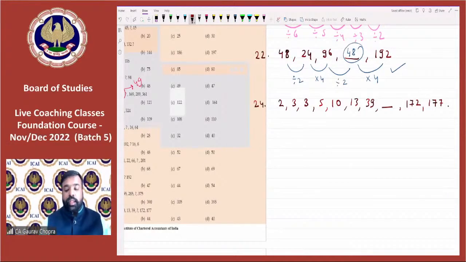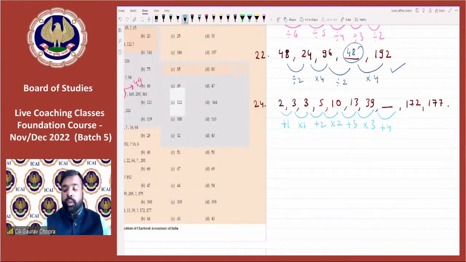Now this time, what is the logic? 2, 3 and 3. So if we see the logic, it is plus 1 multiply by 1, plus 2 multiply by 2, plus 3 multiply by 3. Then it should be plus 4 and then multiply by 4.